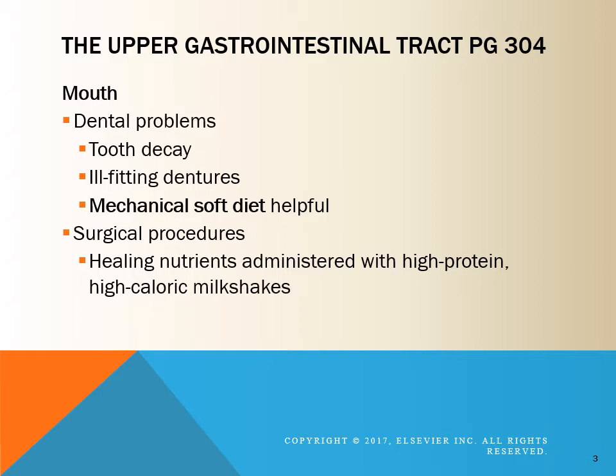Mechanical soft diet can be helpful for these dental problems. So that's oftentimes the diet that the doctor will order. Surgical procedures, healing nutrients are administered with high protein, high caloric milkshakes. So if our patient goes through surgery, they could be prescribed high protein or high caloric milkshakes.